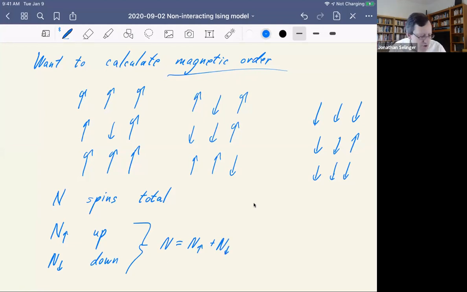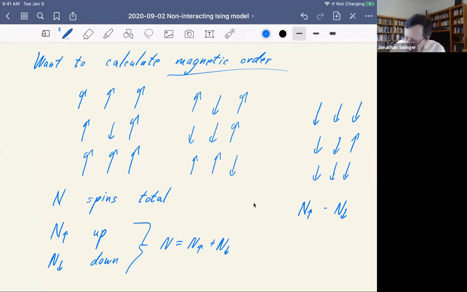Okay. So the thing that we could calculate might be, what's the net number? How many up minus how many down? Okay, so if we look at n up minus n down, this is a good way to distinguish among the different possibilities here.